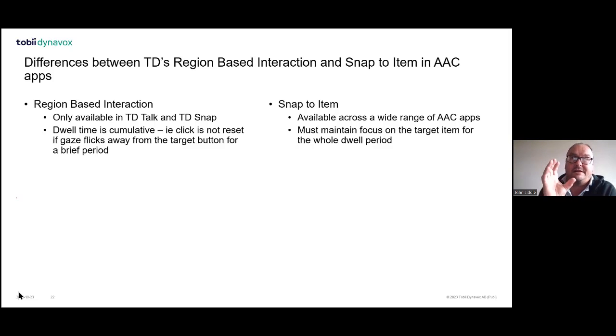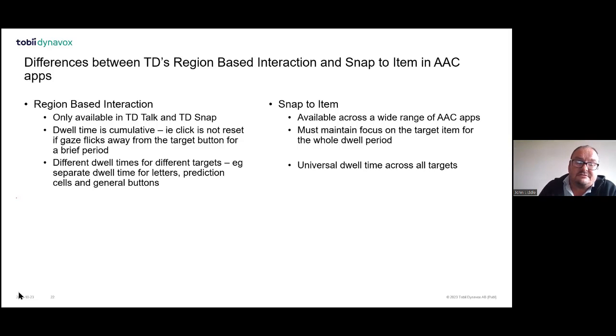On the example I gave where we had really big buttons and a long dwell time, I was demonstrating that if your eyes flicked off the button and back again for a millisecond or so, the clock hadn't gone back to 0. The dwell time's cumulative, so it adds up how long you've been on that button. When you're using Snap to Item, it doesn't benefit from that function. So if your eyes do move away from a button and back, the clock will effectively have gone back to 0 again.